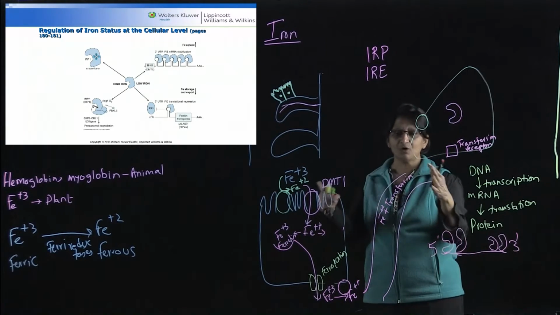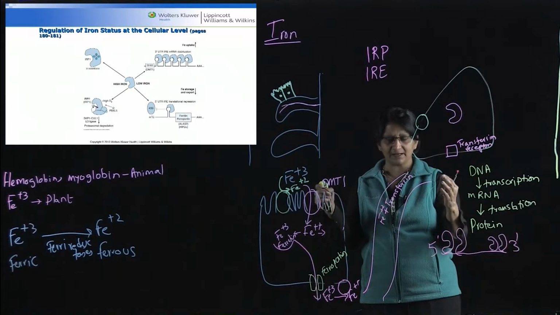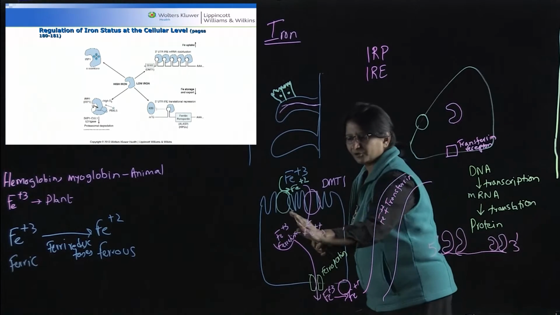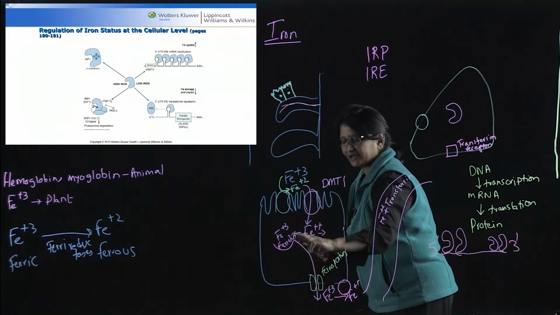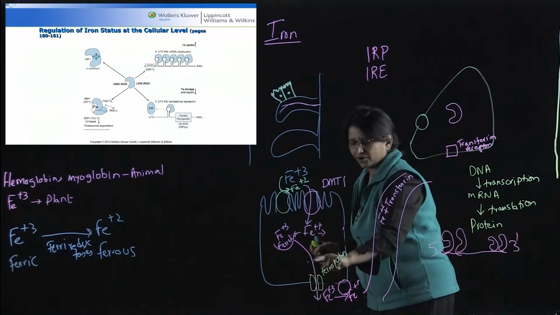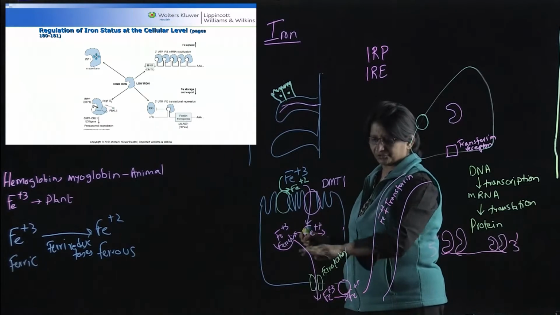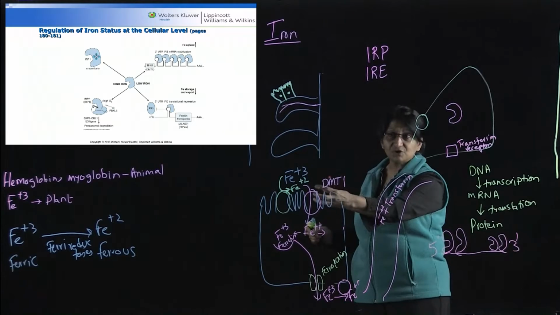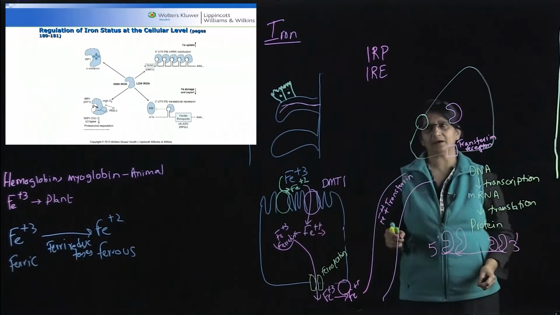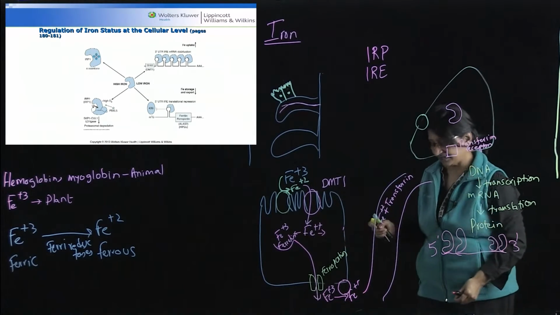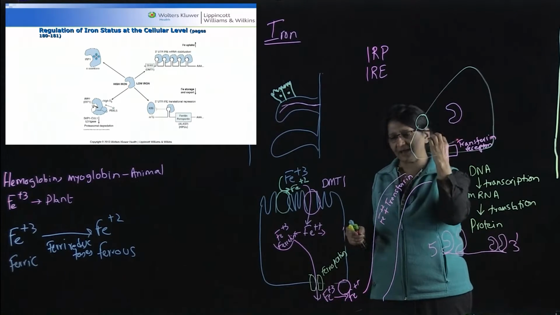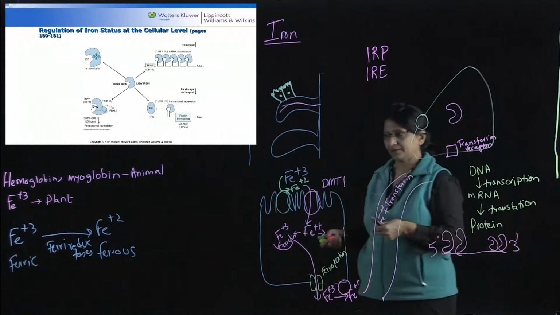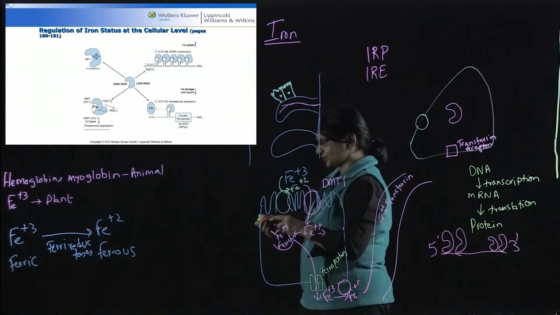You would express more of the ferritin and the ferroportin, meaning you are going to sequester more of the iron within the cell and also be able to absorb more iron from the intestinal tract, and then for it to be used or sequestered.